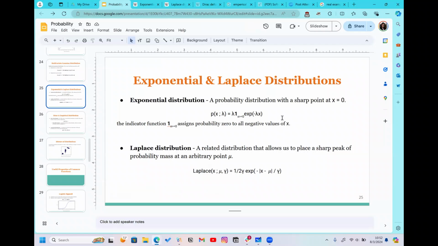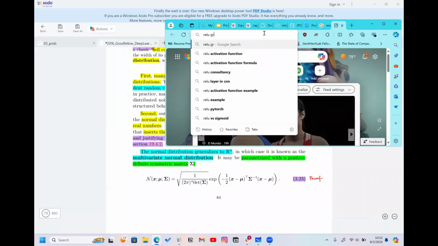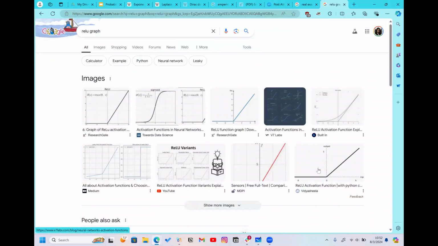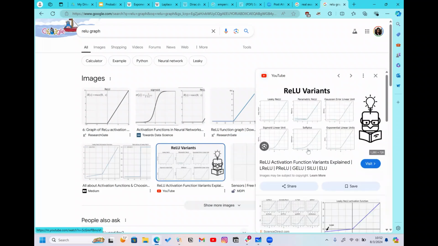If you look at ReLU, it has a sharp point here at 0, so here it's not differentiable. That's why we have different variants of ReLU where we make it a smoother version, like softplus that we come across.